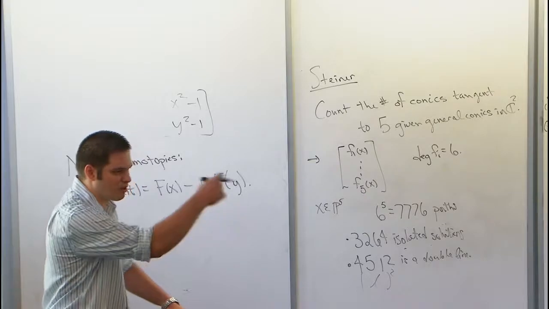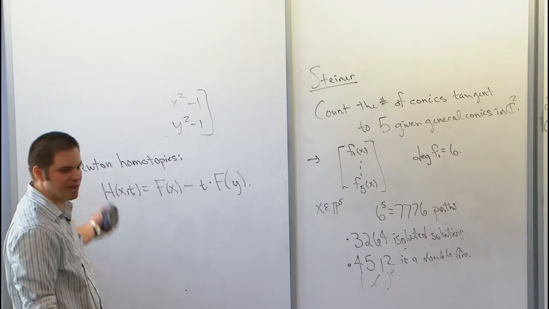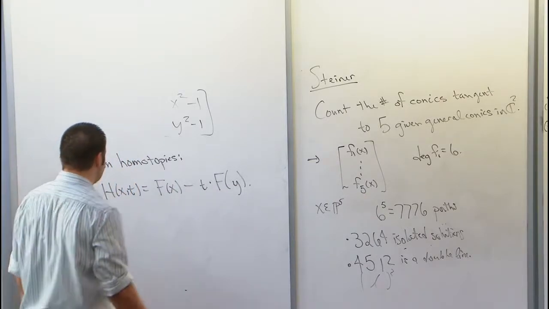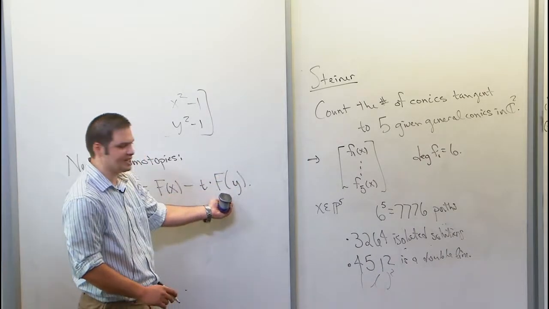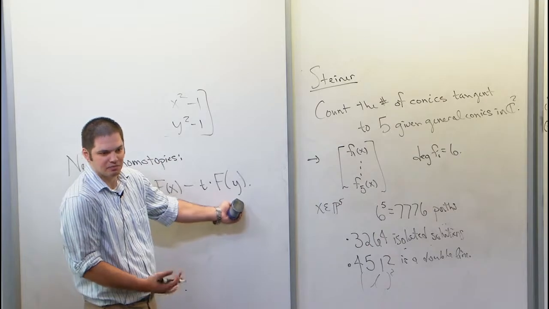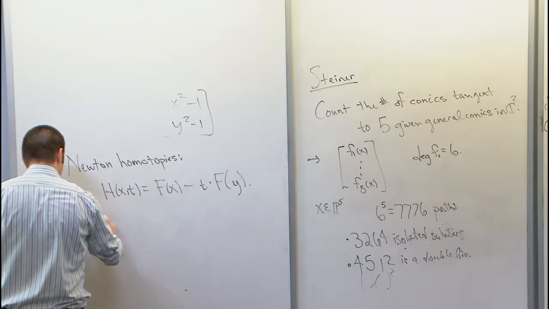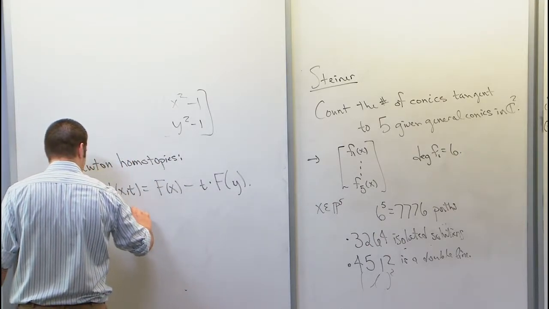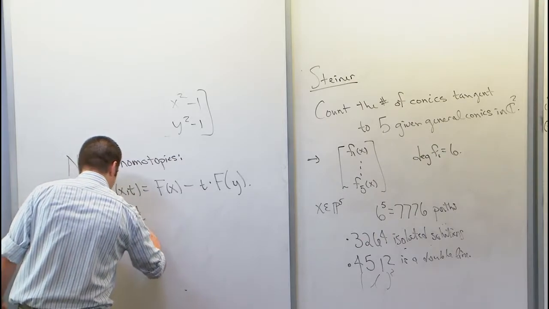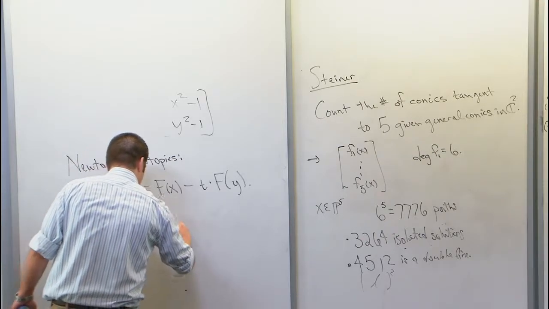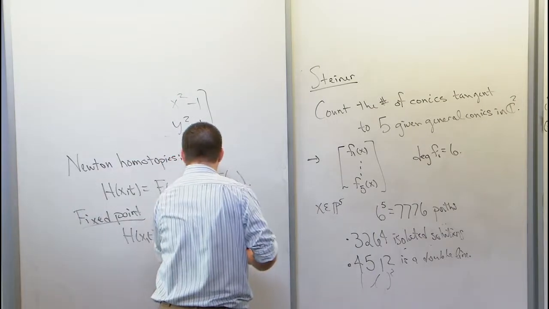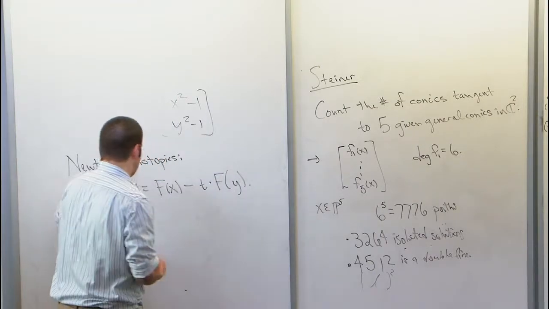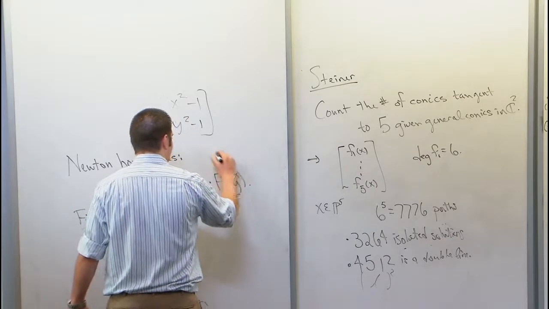And now I can deform from y along my curve. So it's very easy to write down a homotopy: pick y, write down a homotopy that vanishes there. You can also do what are called fixed point homotopies. I don't understand your doing F of x minus t F of y. y is a fixed point.